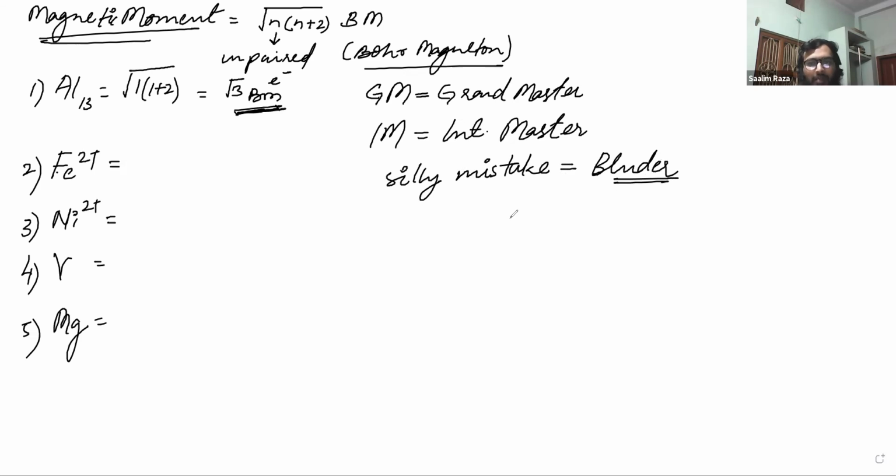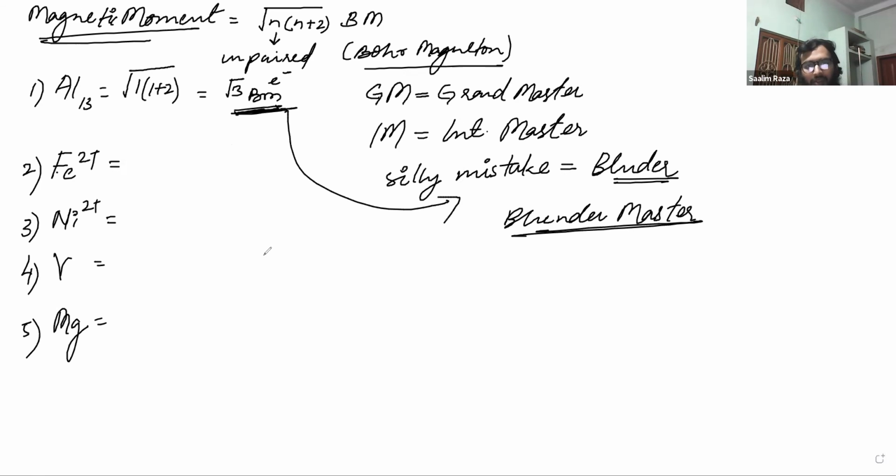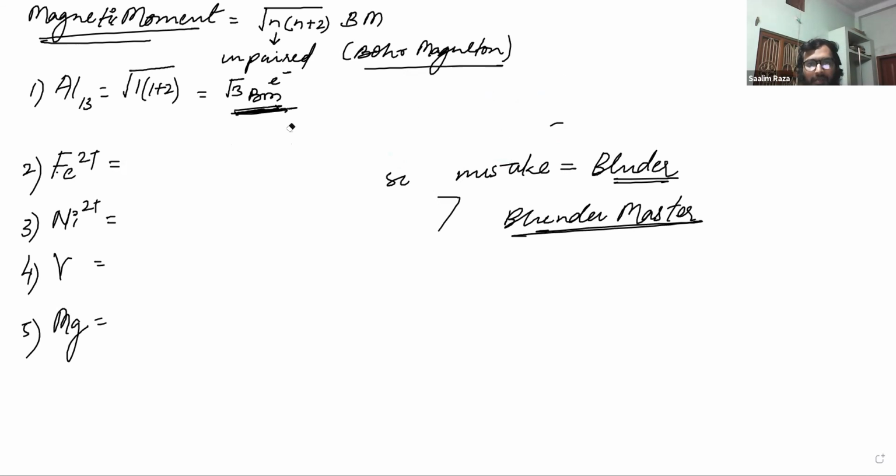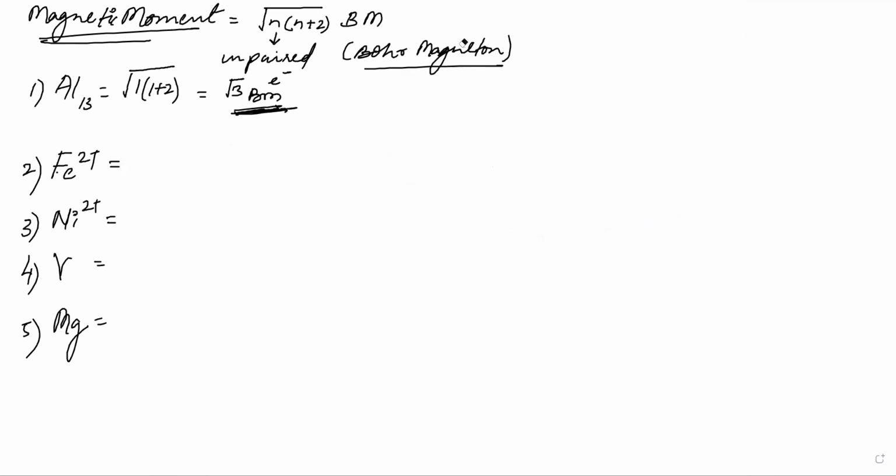So there are some blunder masters. The amateur players who play chess make too many mistakes and we call them blunder masters. So you can remember BM as blunder master if you are a fan of chess. Now let me erase this. People will think what I am teaching. So what is BM? Sir, Bohr magneton. Right, Bohr magneton, not blunder master.